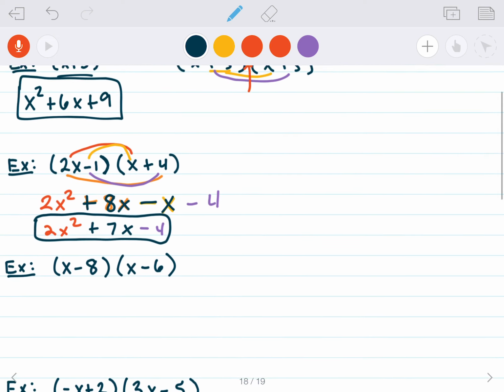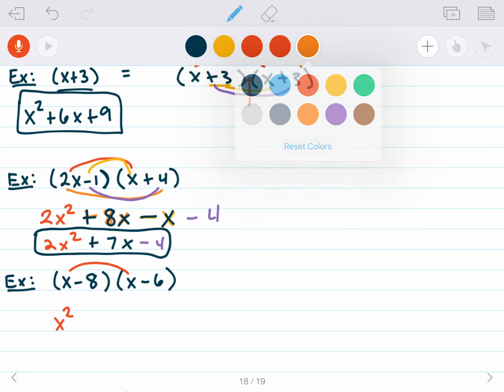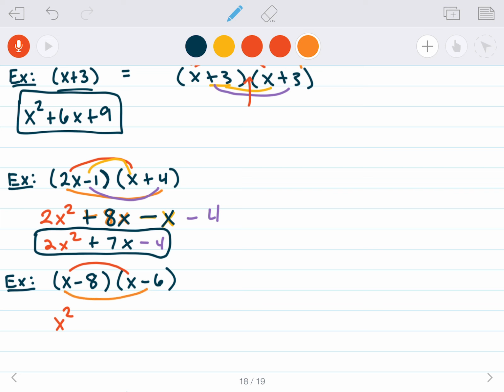Alright, again, we can use FOIL, look, no sign. So, first, x times x, x squared. Outer, x times negative 6, negative 6x. Inner, negative 8 times positive x, negative 8x. Last, negative 8 times negative 6, positive 48.